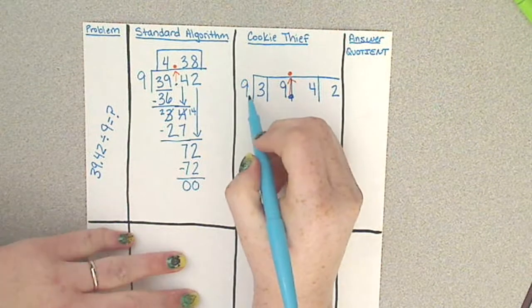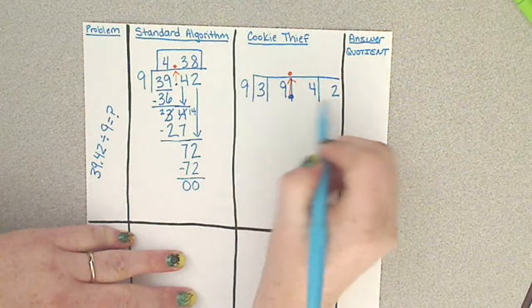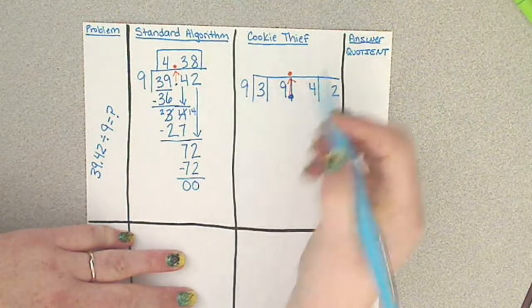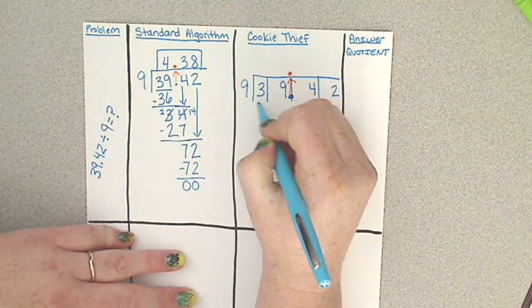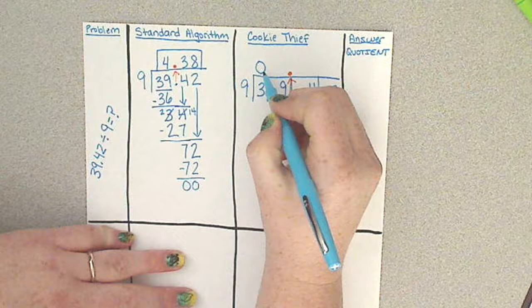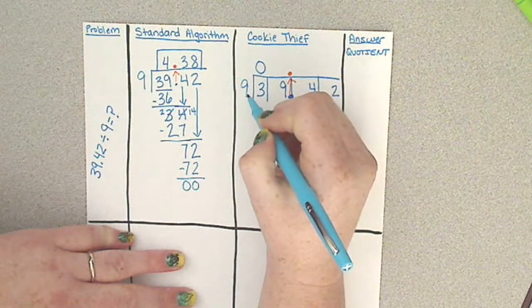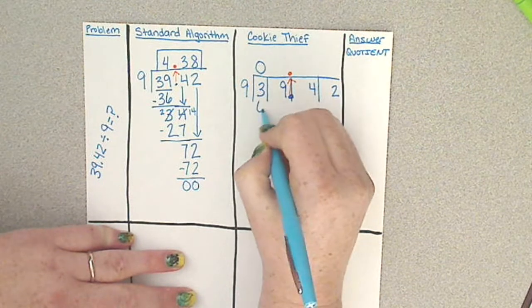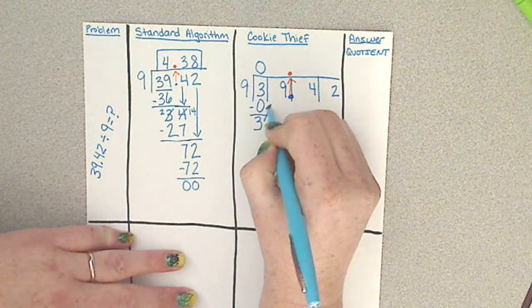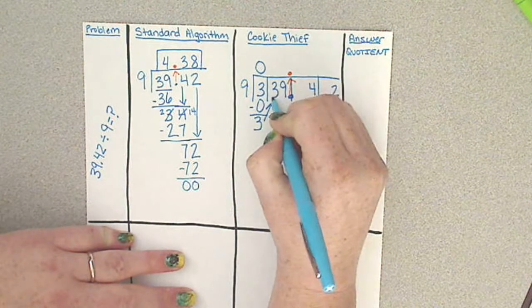The cookie thief is told by his mob boss to go take a look at this apartment complex, and he has to steal cookies in sets of 9. He looks in the window of the first apartment and he's mad because he can't take any cookies. He writes a 0 above the window, and 9 times 0 is 0, and he watches as 3 cookies escape the first apartment and run next door.